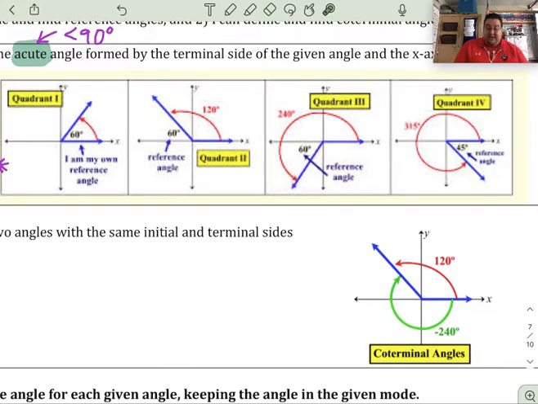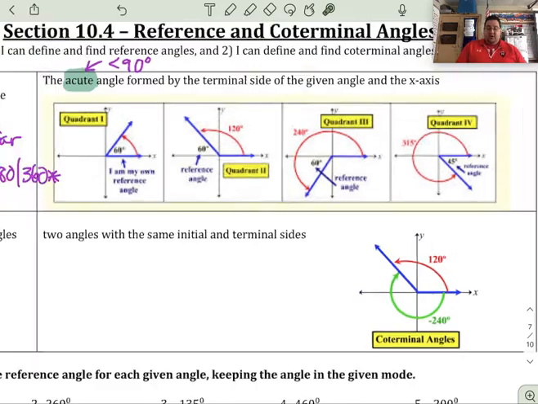The closest x-axis is 180 right here, and we have gone 60 degrees past that 180, so the reference angle there would be 60 degrees. And then for quadrant 4, down in this area, quadrant 4 asks us how much further do we need to go to get back to the x-axis, or in this case back to the 360, which would be where we started. So if this angle is 315 degrees, then the reference angle is this 45 that we have left to go to get back to 360.